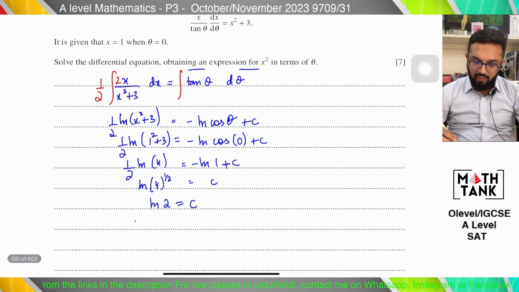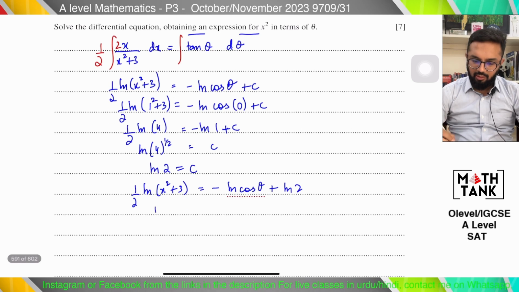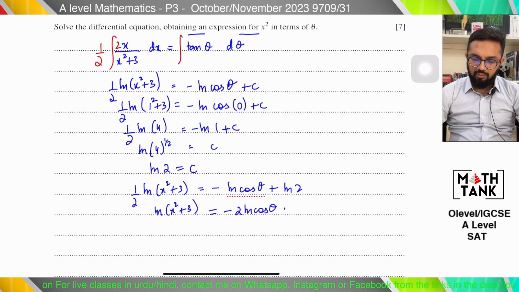So I have half ln x squared plus 3 equals minus ln cos theta plus ln 2. Then ln x squared plus 3 equals minus 2 ln cos theta plus 2 ln 2.